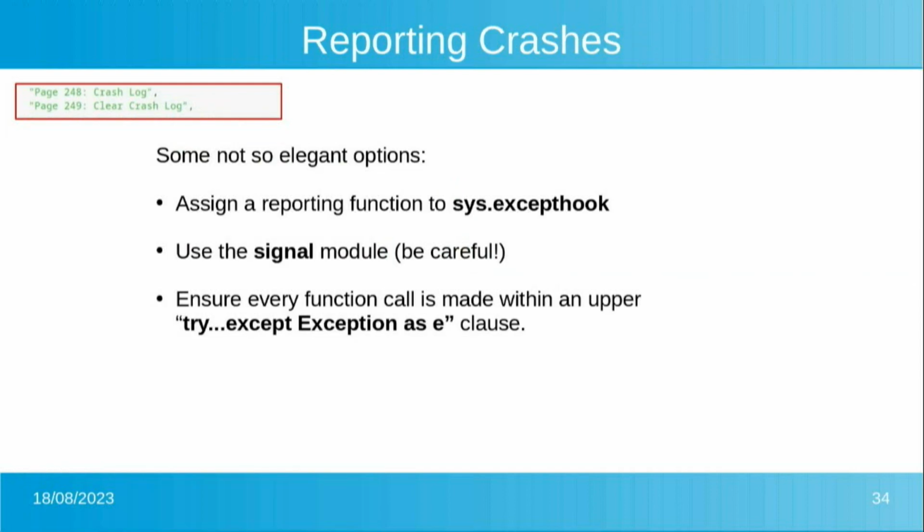With getting crash data, that's also really, really useful. You've got a few options, not so elegant. You can take a look at sys.excepthook in the Python docs. You basically just register a function to run when any exception is hit, including unhandled ones. I don't really use it too much myself. You can trap signals, but you've got to be really careful with signals not to do too much.